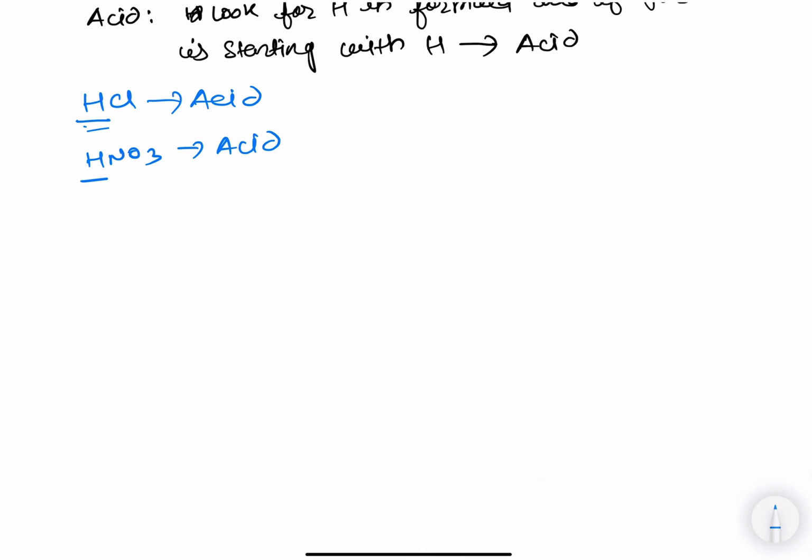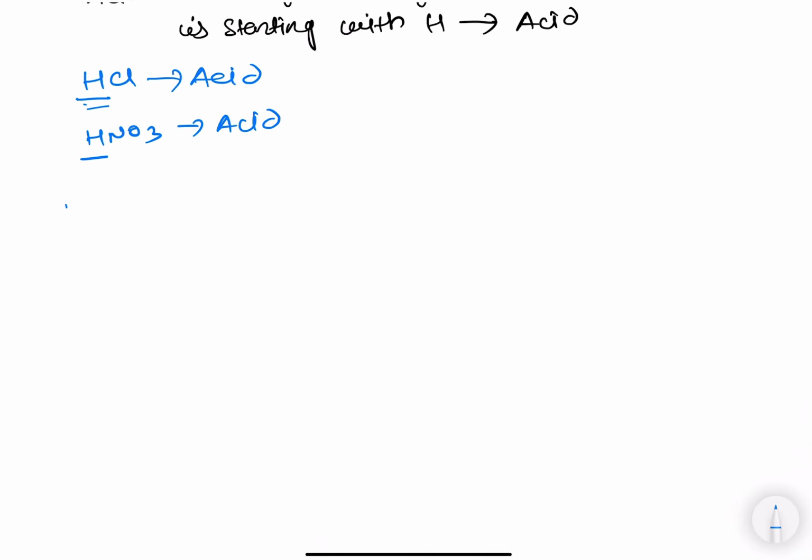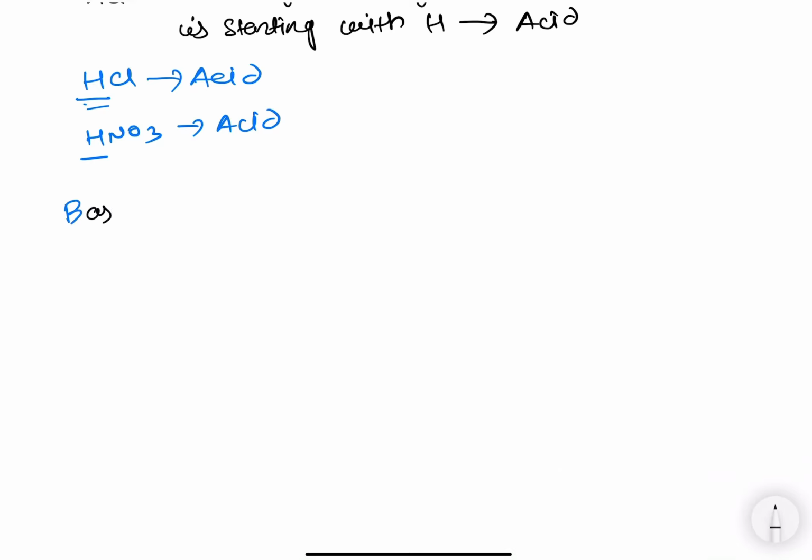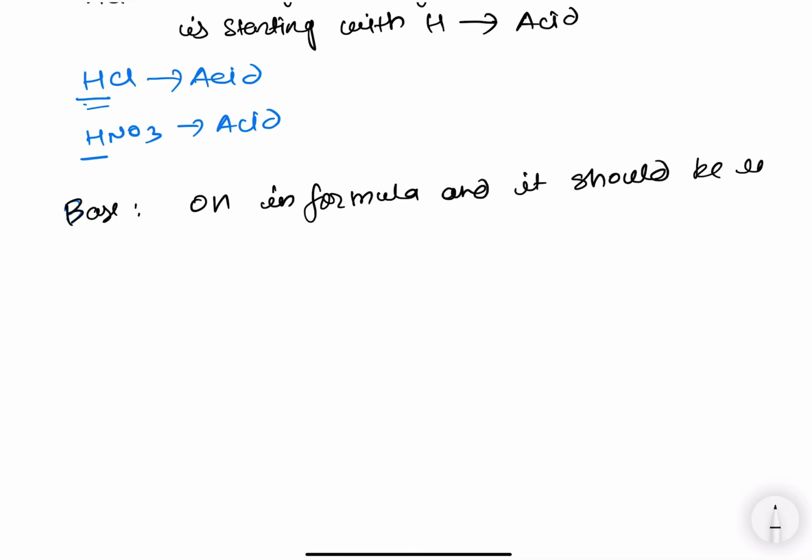Okay, similarly, what is a base? The trick for base is look for OH in the formula and it should be at the end.